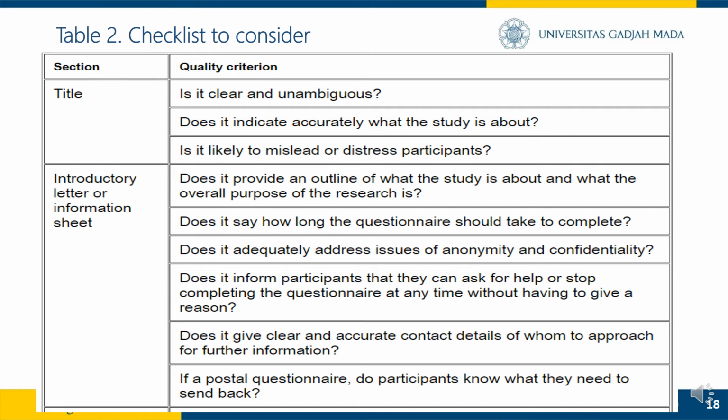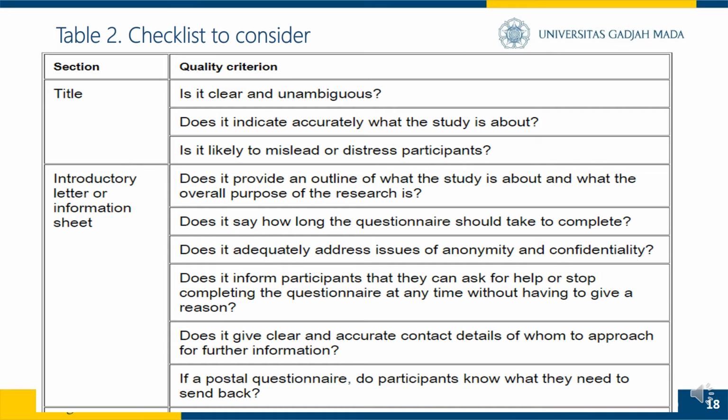Introductory letter or information sheet. Does it provide an outline? What is our study about and what is the overall purpose of the research? Please mention how long the questionnaire should take to complete. Does it adequately address the issue of anonymity and confidentiality?